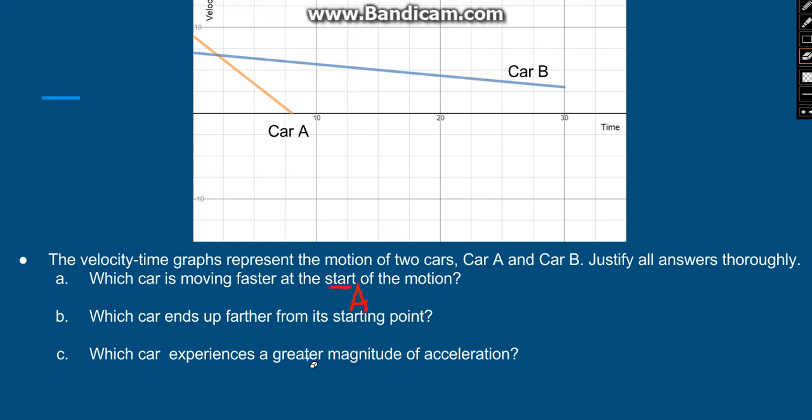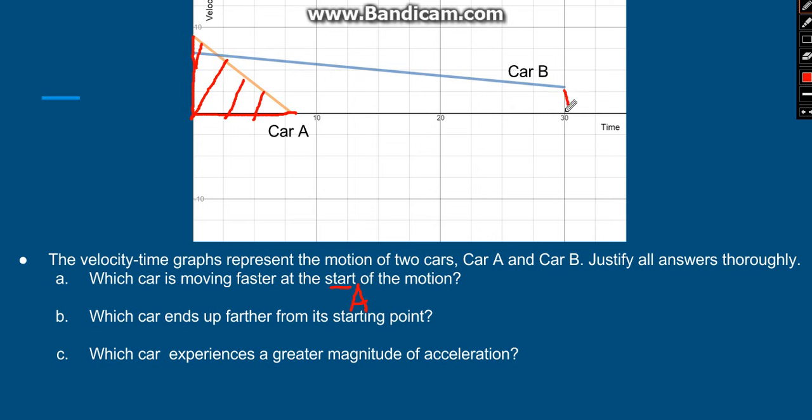Next one is asking which car ends up further. Looking at the displacement, displacement is the area underneath the graph. So I'm going to go ahead and make it a little more clear. This area right here for car A is its displacement.